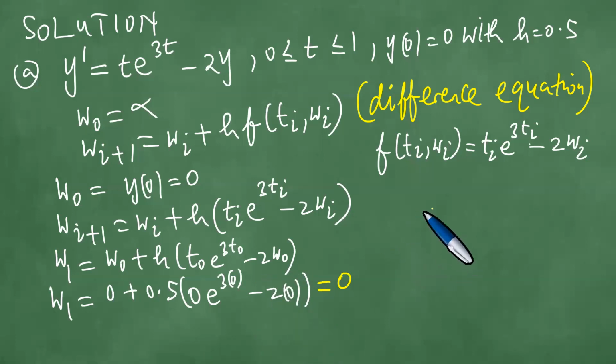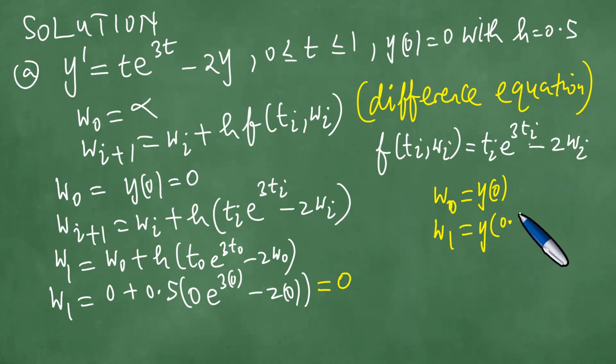There are a couple of things you need to note: W0 is the same as Y0, and W1 is the same as the next one at t, so you add 0.5 and you get 0.5, which corresponds to t1.